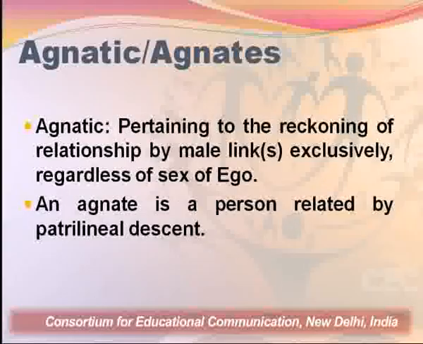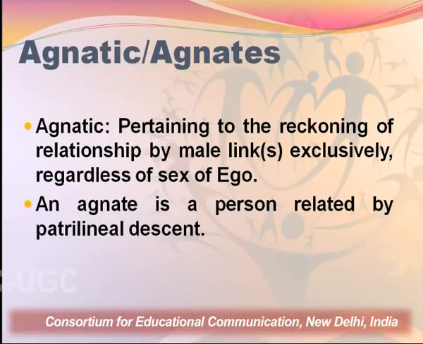Then the next concept, which is very important, is agnatic or agnates. Agnatic pertains to the reckoning of relationship exclusively by male link, regardless of the sex of the ego, but we keep in mind that for the majority of the time the ego is a male. So, all male members traced in one line of descent are considered agnates. Basically, in a patrilineal society, it could be the ego, his father, his father's father; all these male members would be considered agnates.